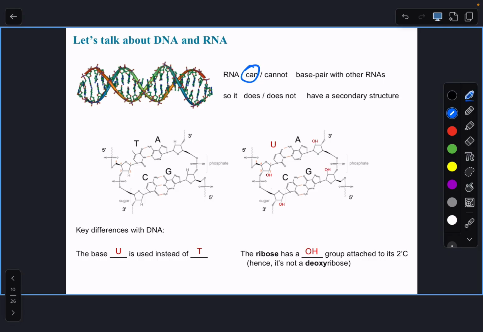So RNA can base pair with other RNAs, and yes, it does have a secondary structure. It's just that that secondary structure is not a long double helix.